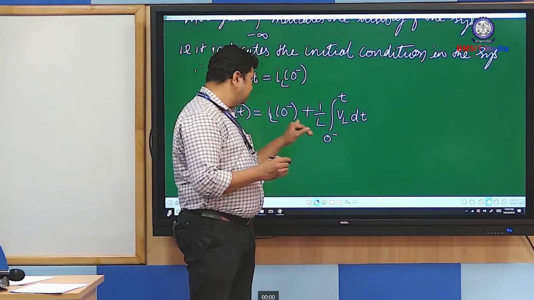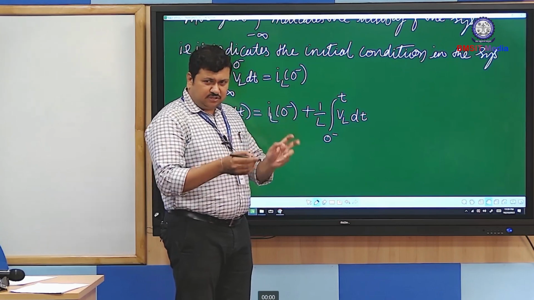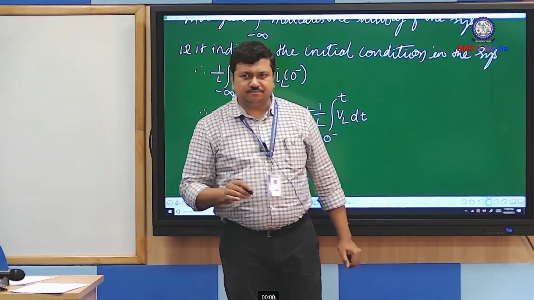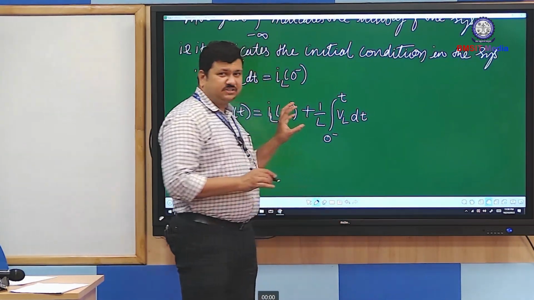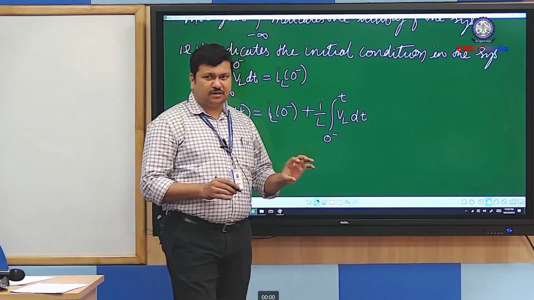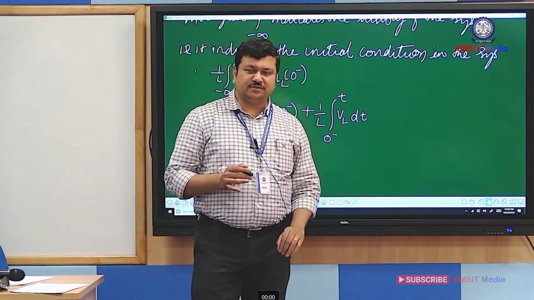So initial condition is IL of 0 minus. Whether it is 0 or some finite value, it all depends. But I have considered in the general expression of the total current of an inductor what the initial condition is.